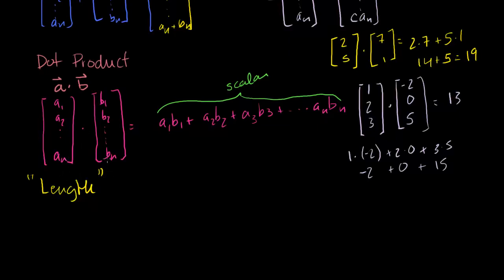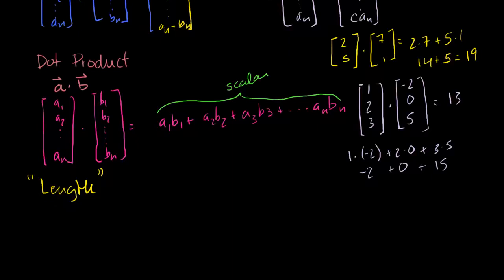It's what you're used to. We're abstracting that these vectors could have 50 components, and our definition of length will work even for these 50 component vectors. And it's also going to be consistent with what we know length to be.